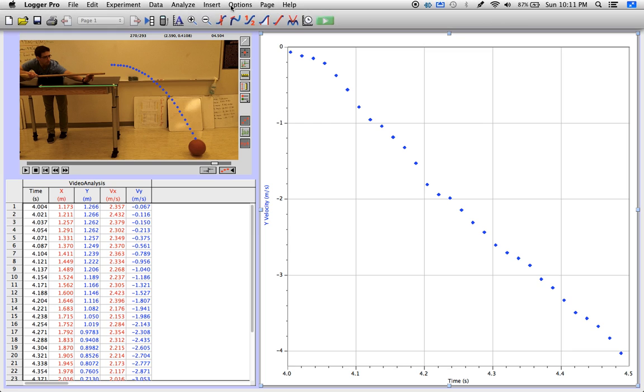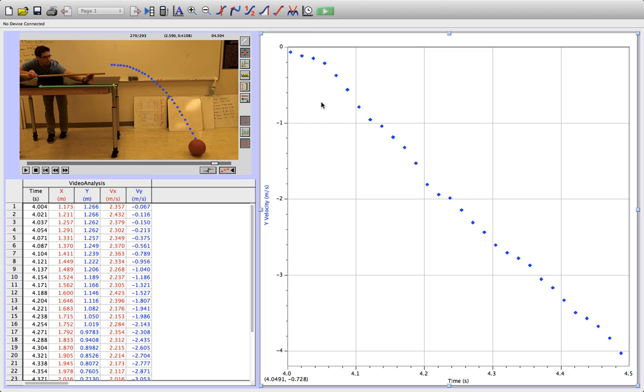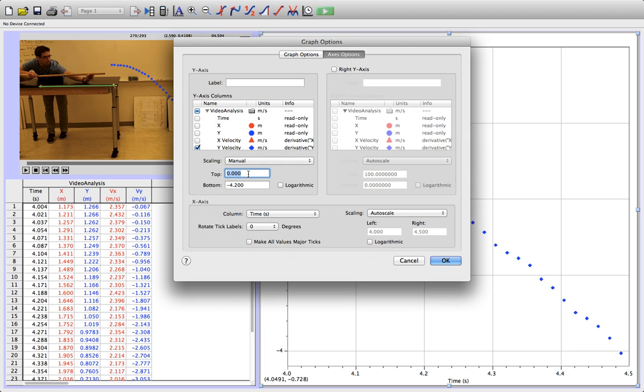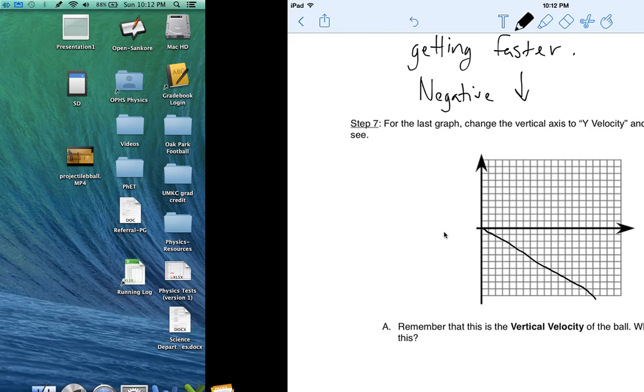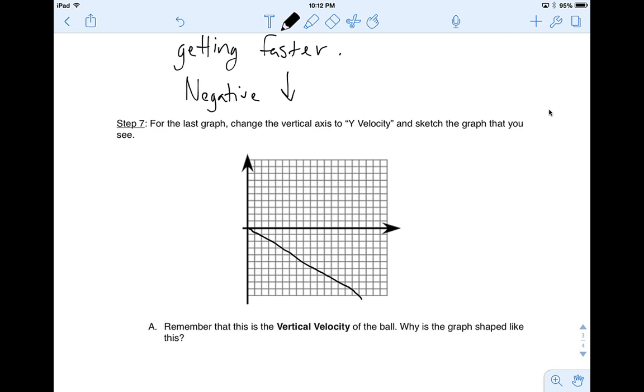All right, so if I were to change this from, say, 5 to -5, we see 0 in the middle, okay? And my velocity, because it's negative, it has to be below 0. So it's speeding up, but it's below the axis. That's super important to see that. So that's where my line should be here.